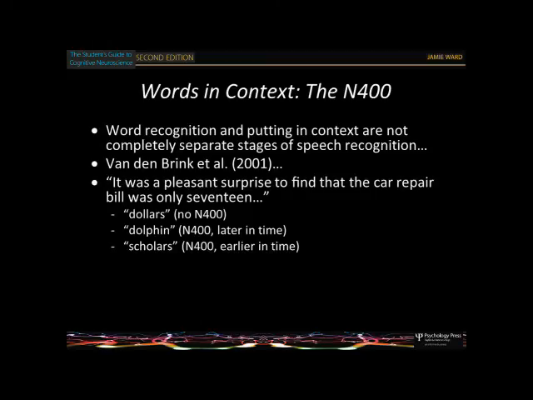That's what you're semantically expecting. If you get the word dollars, then you don't get your N400 to it. If you get the word dolphin or scholars, you do get an N400 because it's not going to be 17 dolphins or 17 scholars. So both of these elicit an N400 because they're semantically inappropriate.